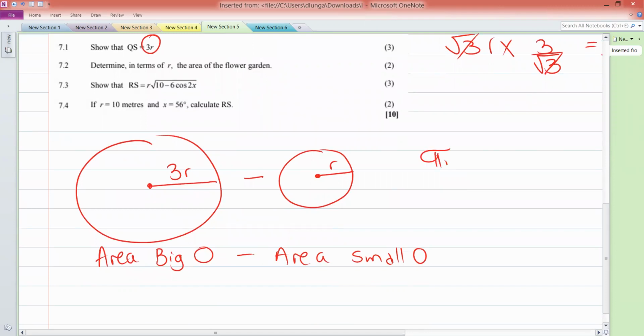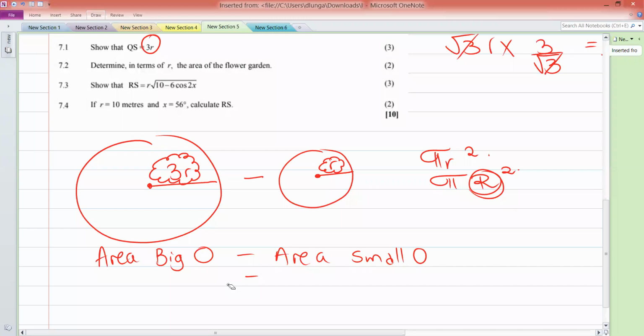So area of the circle is pi r squared. R is the radius. So this may be a bit confusing. So let's say pi capital letter R for the radius and then squared. So where you see R, you're going to substitute in this first for the bigger one and then R for the smaller one. Sorry, let me just erase that.